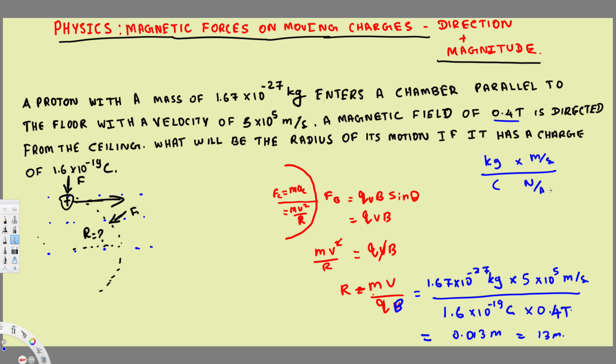We know that ampere is the same as coulomb per second, so we can replace this with coulombs per second. Coulomb is in the bottom, and second goes to the top. So this coulomb and this coulomb cancel, and we have this second right here and also another second, so that's going to make second squared.